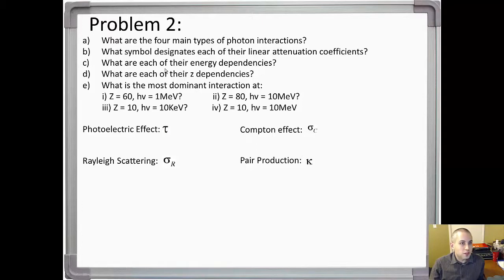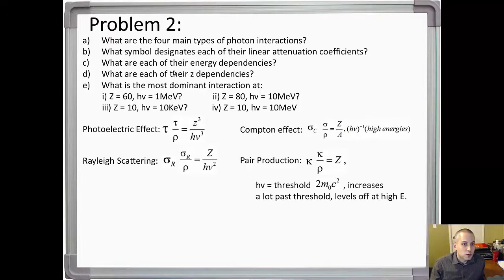For C, and we'll do C and D at the same time, that is: what are each of their energy dependencies and what are each of their atomic number dependencies. So for photoelectric effect, the photoelectric portion of the mass attenuation coefficient is proportional to the atomic number cubed over the energy cubed.